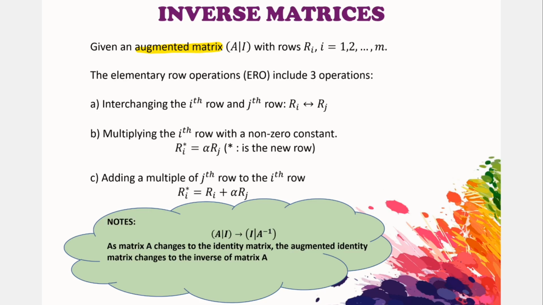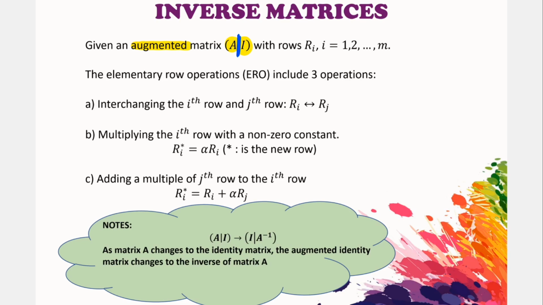The augmented matrix is where we write A on the left and I, the identity matrix, on the right, and we separate both matrices by these vertical lines here. The augmented matrix is not written like this. This is the wrong way of writing an augmented matrix.